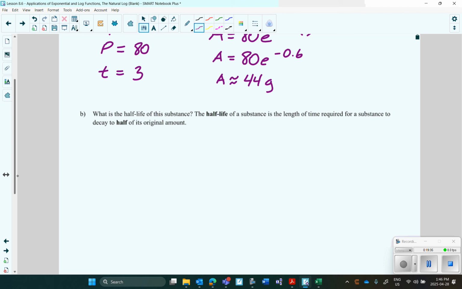Perhaps you dealt with this in chemistry, half-life. Okay, don't be triggered. Half-life is how long it takes for a substance to get to half of its original amount. What's the unknown?